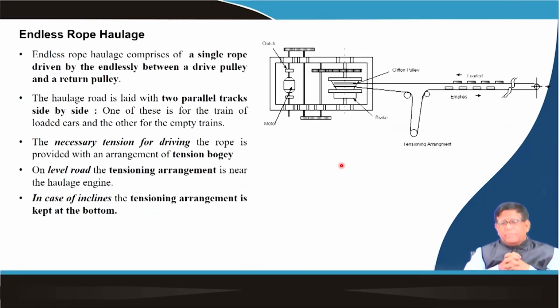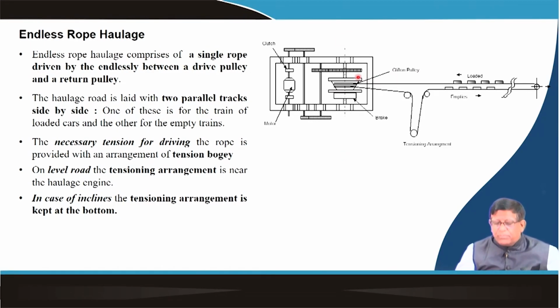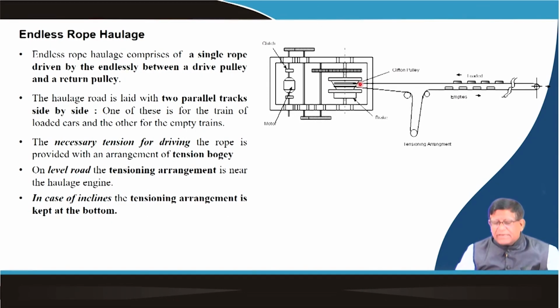The other one is endless rope haulage. In endless rope haulage, the system uses one rope. You can see the rope here, it is going over here and connecting over there. This is a Clifton pulley, a conical drum type of pulley, in which the rope takes a turn and goes over here.